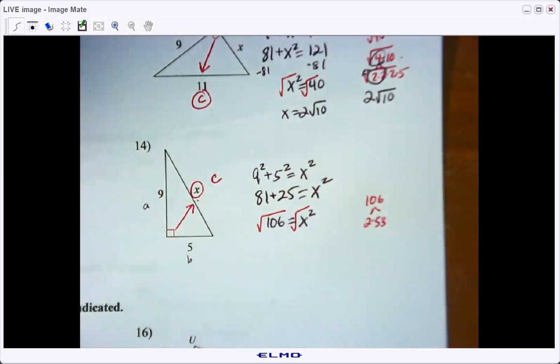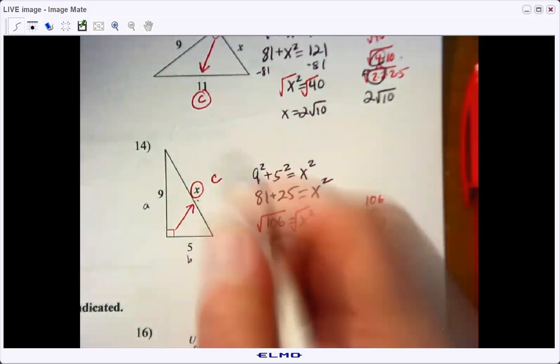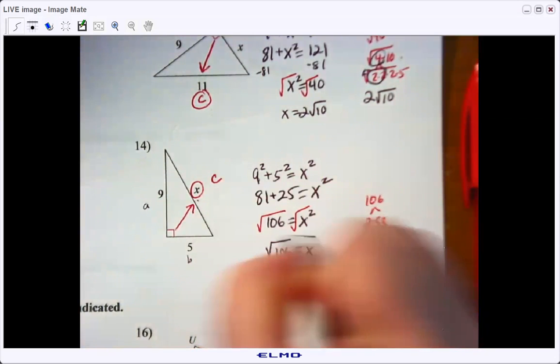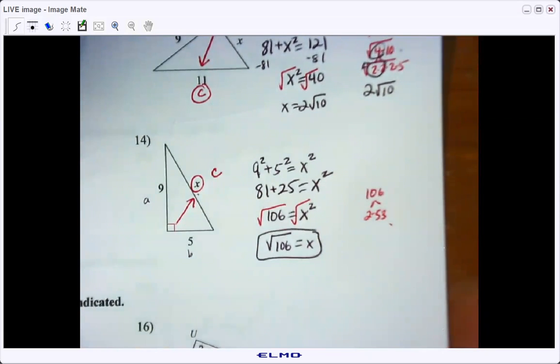It's not that 106 is prime, it's that it breaks into two prime numbers. It's kind of like the number 10, which is 2 times 5. You can't break it down anymore. There's no pairs. So we would simply leave this as square root of 106 is equal to X. It's a little tricky.